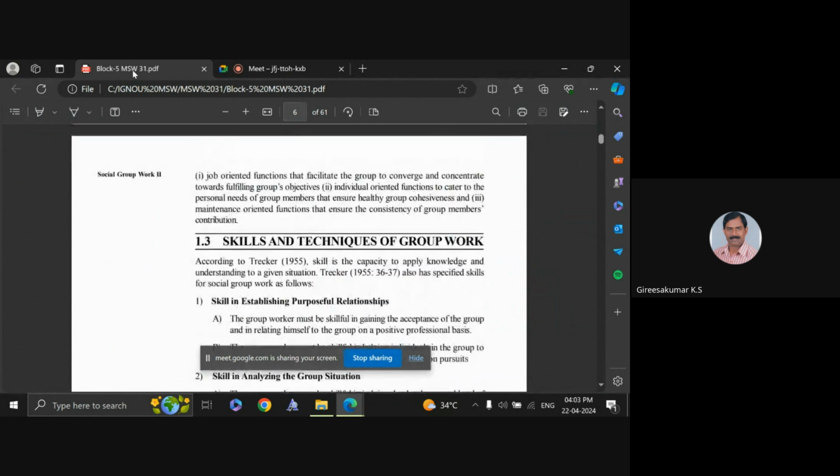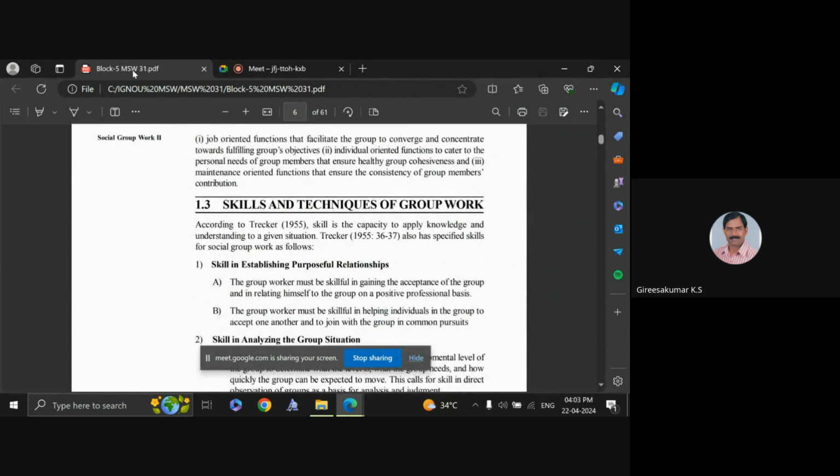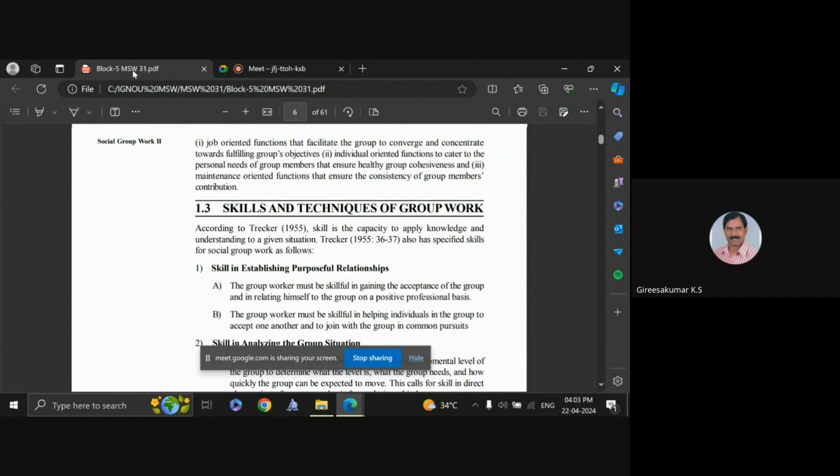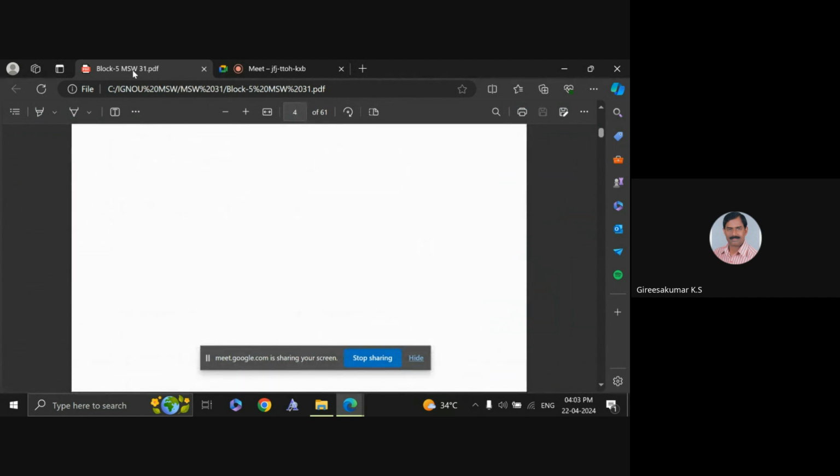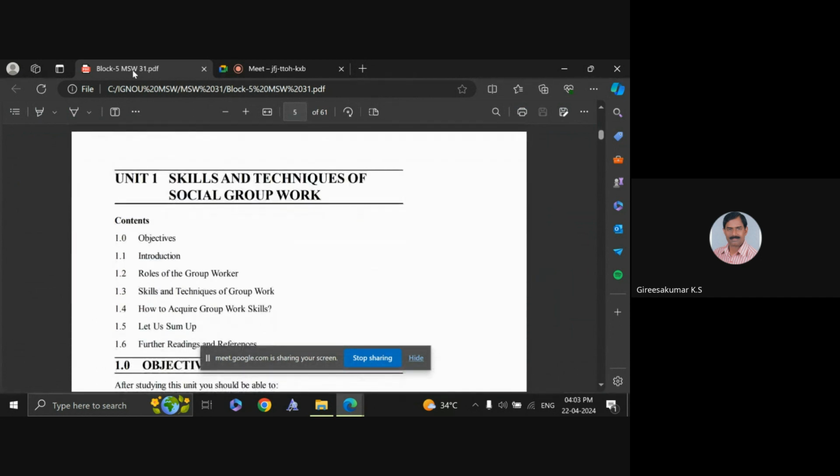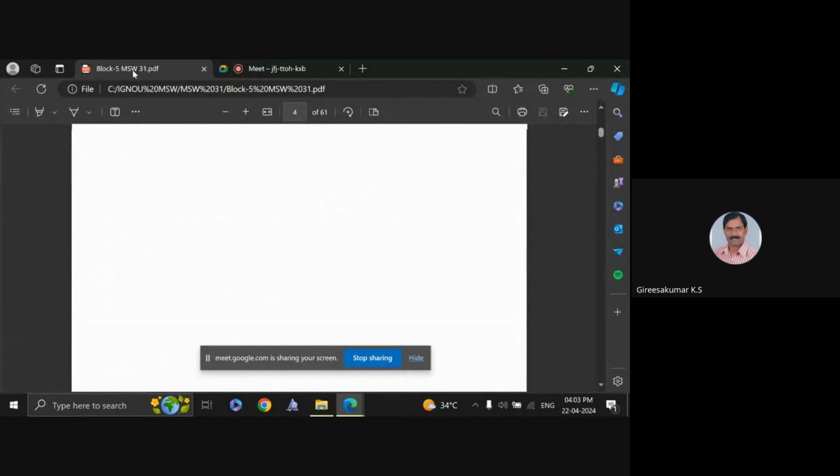Yes, today we deal with the MS31 book 5, which deals with 5 units. The first is skills and techniques of social group work. I will tell you about these 5 units.